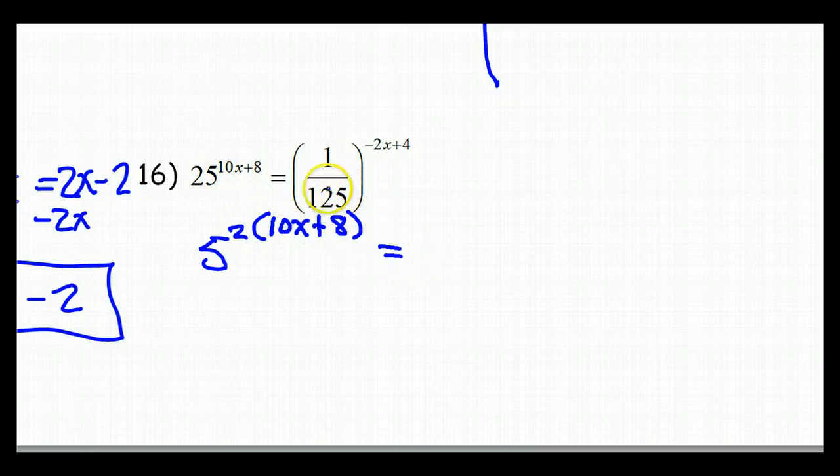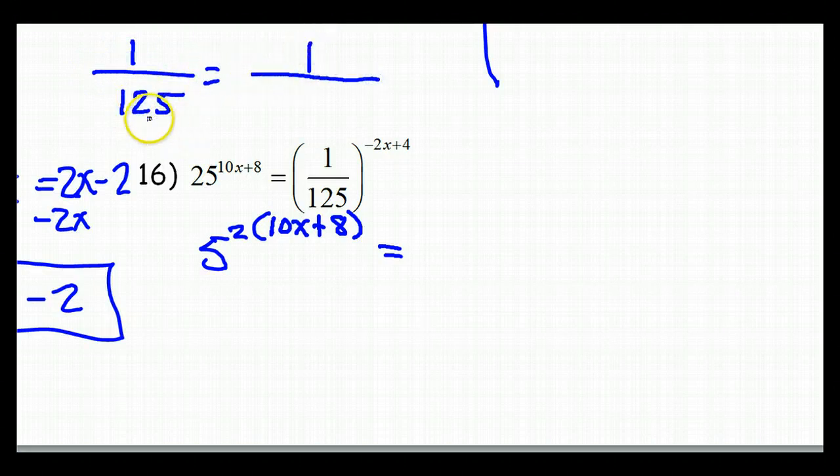So it's just a matter of what do I do with this 1 over 125? Well, let me just remind you of that real quick. 1 over 125. Okay, focusing on the 125. This is one of the ones I had wanted you to memorize. 125 is 5 to the third power. So if you haven't memorized that, you need to memorize that 125 is 5 to the third power.